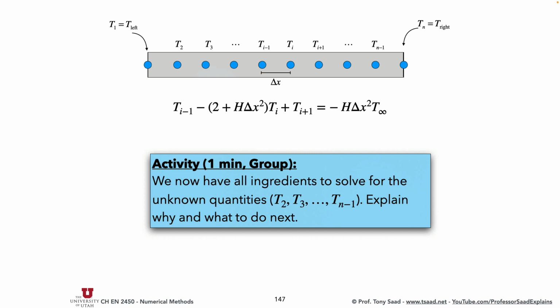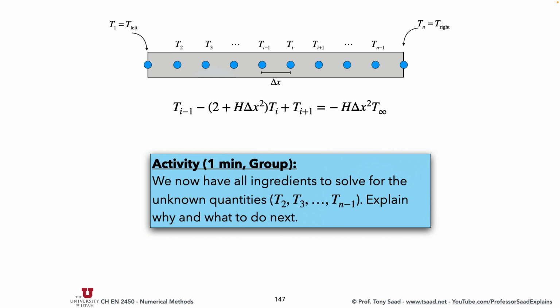Okay, so to get to the matrix, the matrix represents what? A system of linear equations, right? Okay, so what are those linear equations? So you take this equation. What happens if you take this equation and apply it at i equal 2, i equal 3, i equal 4, all the way to i equal n minus 1? What do you get?